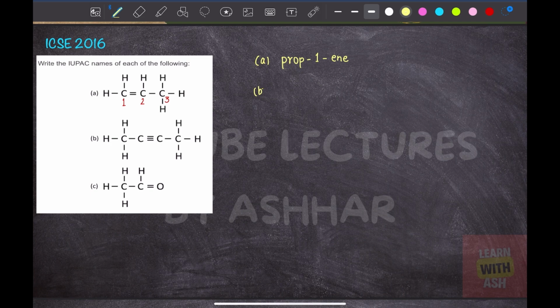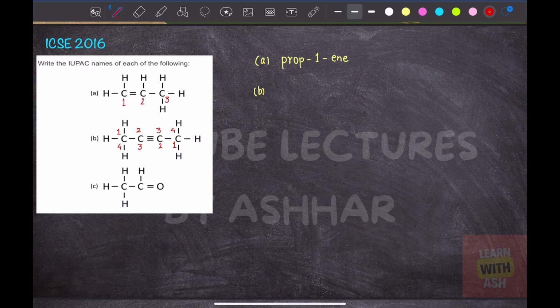Moving on with the second one, there are a total of 4 carbons. If I give the number like this, 1, 2, 3 and 4, according to this numbering the least number carbon where the triple bond is coming is 2. What if I give the numbering from over here, like 1, 2, 3 and 4?